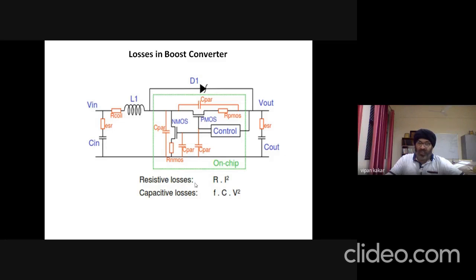Due to these capacitances, we have some capacitive losses, which depend upon the switching frequency, f, and the voltage applied in this circuit. If we lower the voltage, then the capacitive losses become lower, depending upon these parameters and the value of capacitance also.